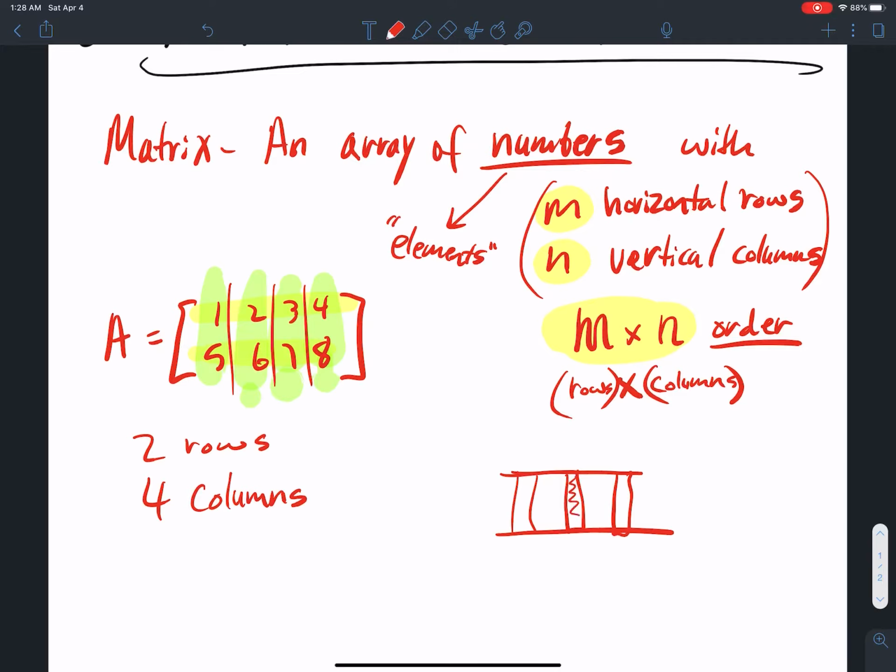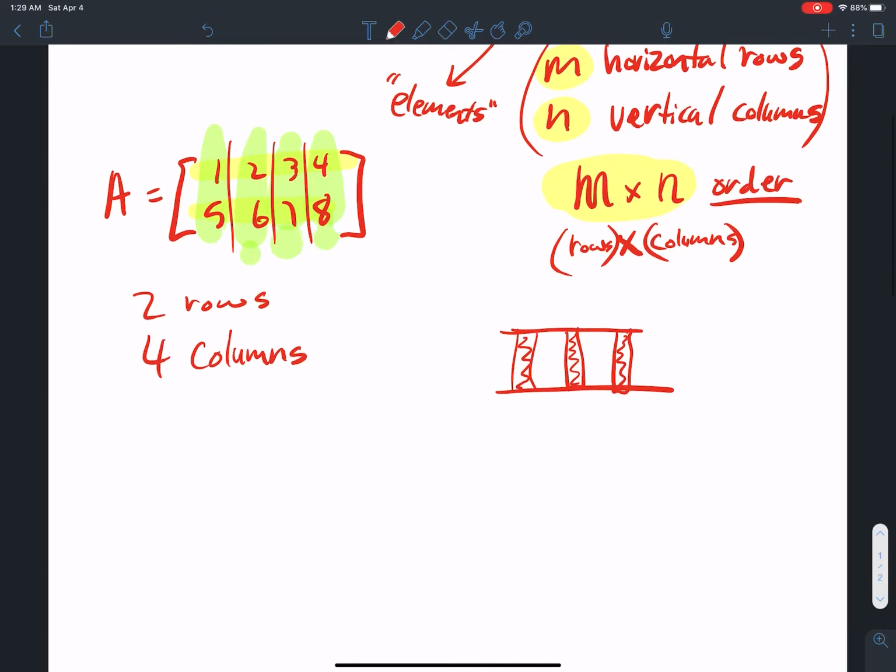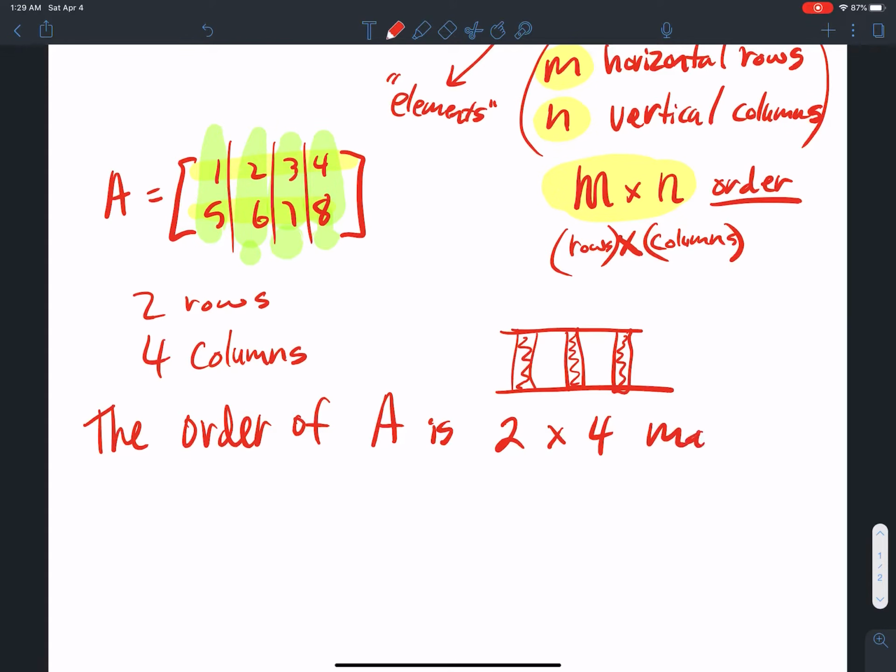So these vertical pillar type things, those I think of as columns. That's how I remember which ones are the columns and which are the rows. So the order of A is what? Well, it's a 2 by 4. It's rows by columns. It's a 2 by 4 matrix.